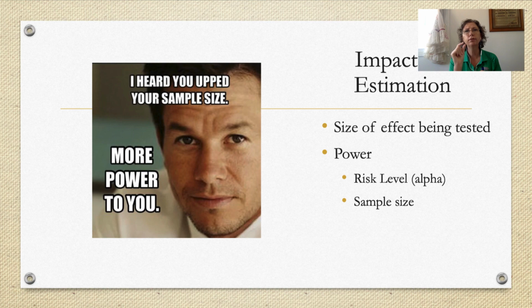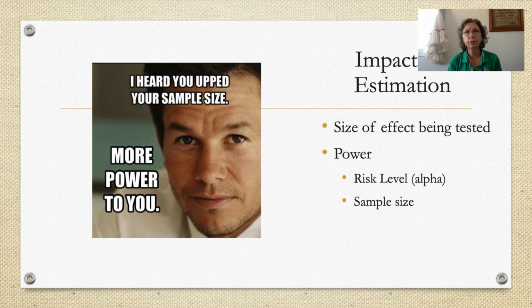Like if you're looking for a really small effect, it would take a larger sample to identify it. If the effect you're looking for is really huge already, it won't take as much sample. So how do you know the size of the effect you're looking for, or how do researchers know?